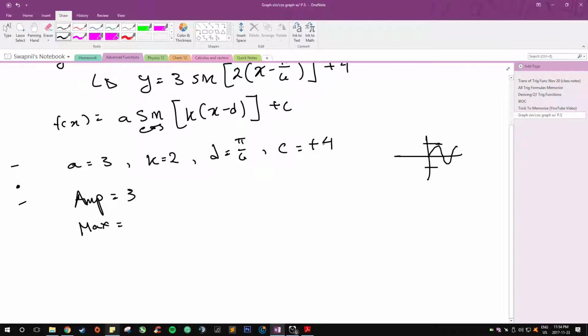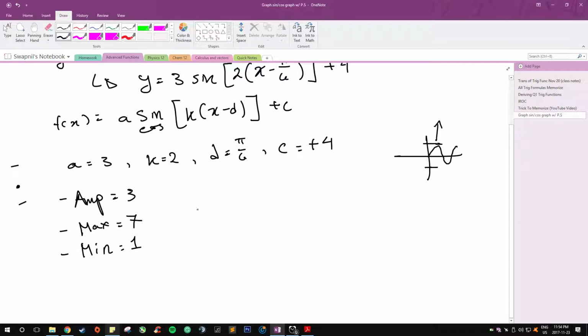So it's at 3. And then C is plus 4. You're adding 4 to the vertical, so it goes up plus 4. 4 plus 3 is 7. So max would be 7. Min here was -3. Again, adding plus 4, -3 plus 4 is 1. So the minimum is 1.